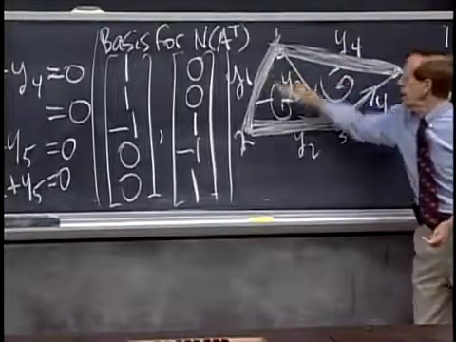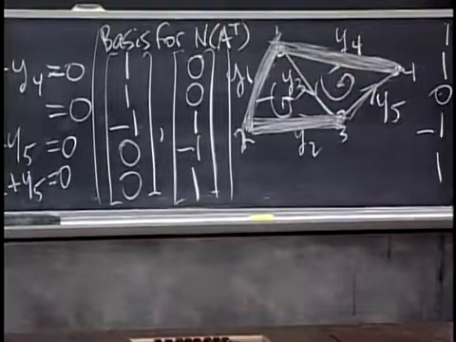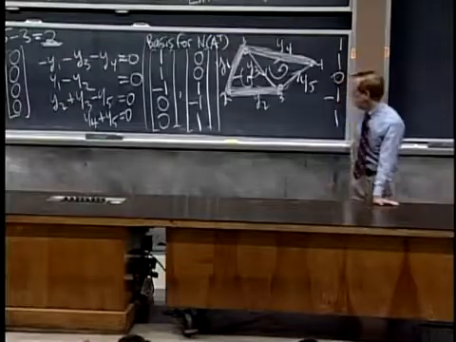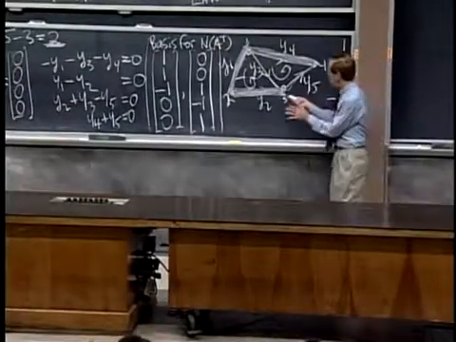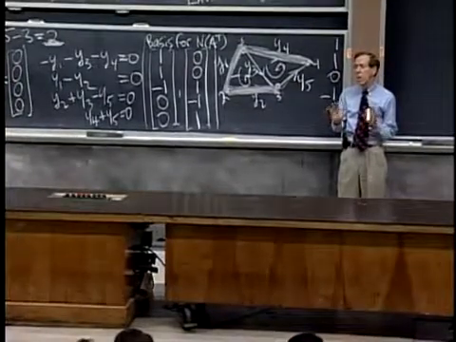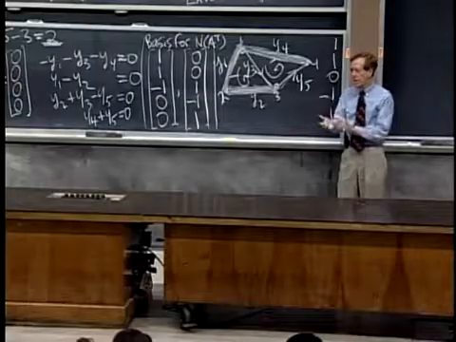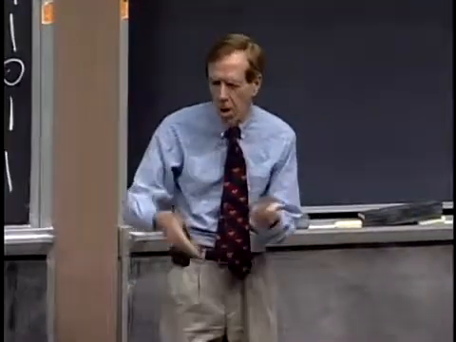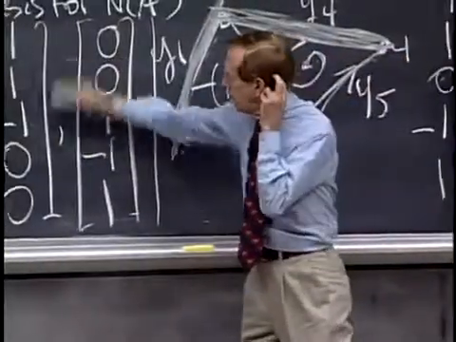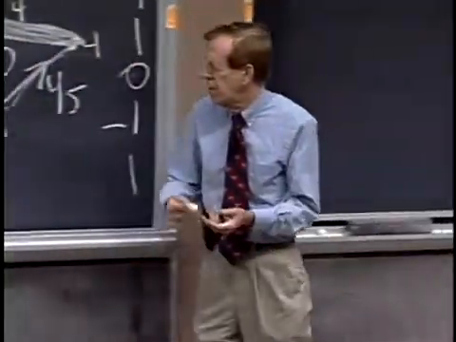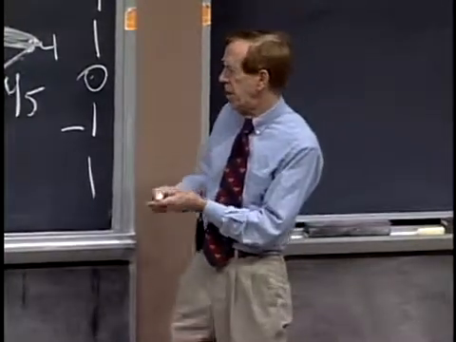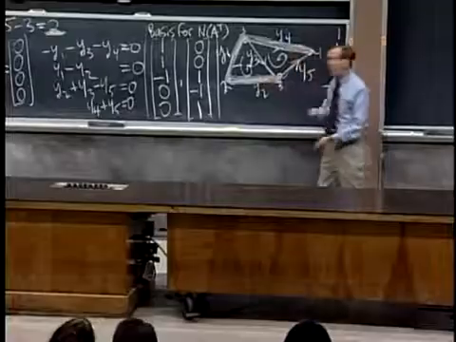It only has 3 edges. And those edges correspond to the independent ones. And in the graph, those 3 edges have no loop, right? The independent ones are the ones that don't have a loop. All the dependencies came from loops. They were the things in the null space of A transpose. If I take 3 pivot columns, there are no dependencies among them, and they form a graph without a loop.